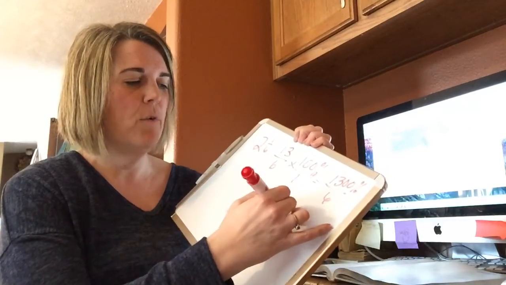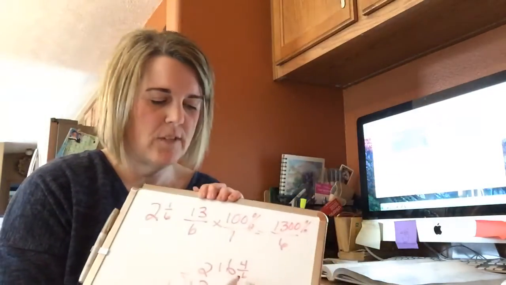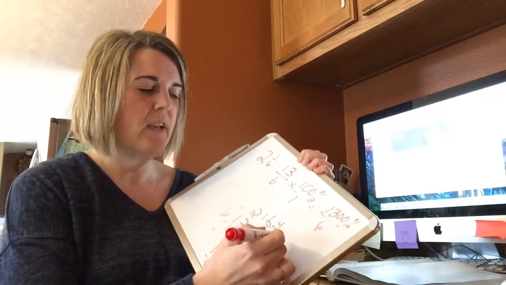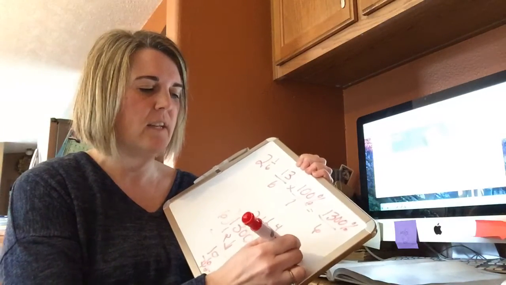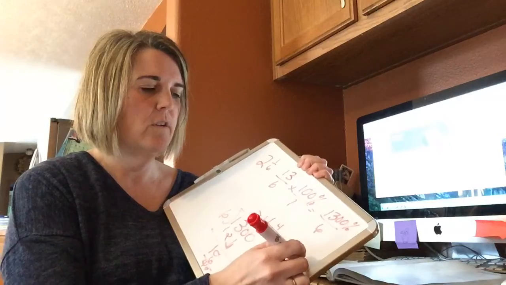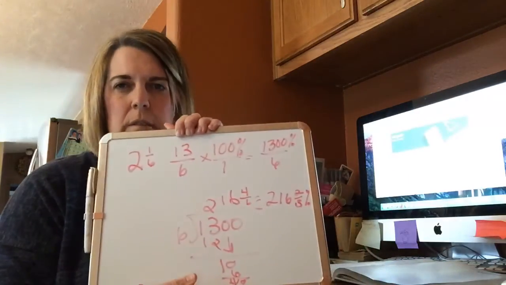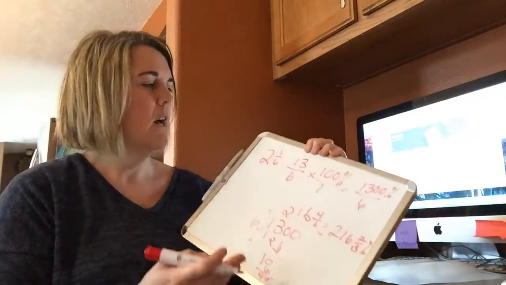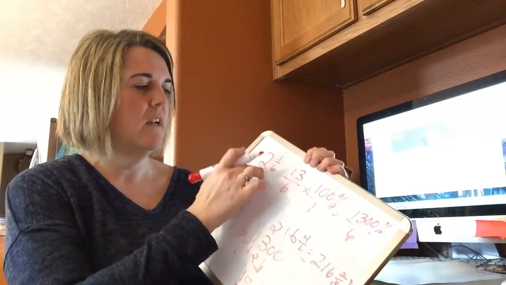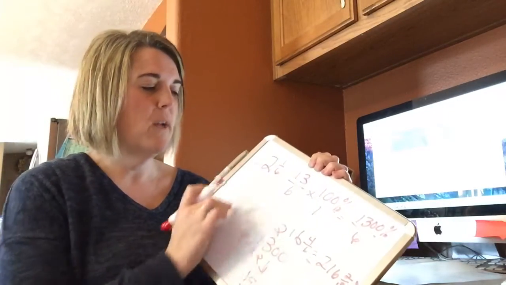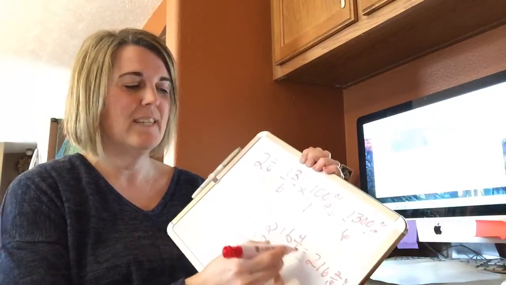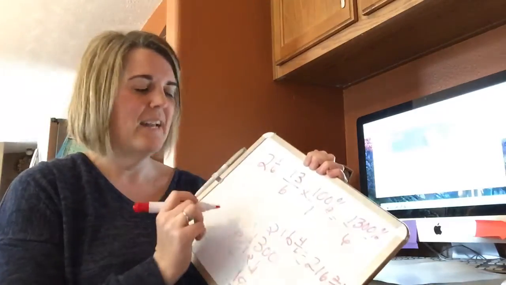So you have a remainder of 4/6. Now I have to reduce these. So my final answer is going to be 216 and 2/3%. A lot of work, right? We could have separated this and done 200%, found 1/6, which is actually 16 and 2/3%, and added them together. It's up to you, okay?